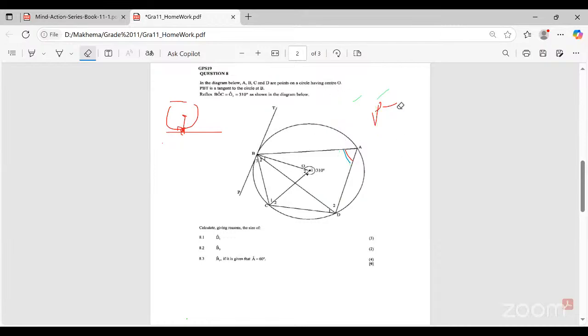Let me just quickly erase this mess on the screen. So we have the questions. The problem here on the screen is saying calculate, given the reasons, the size of angle D1. So anyone, guys, with some idea of how we can get the size of that angle D1? Where is D1?